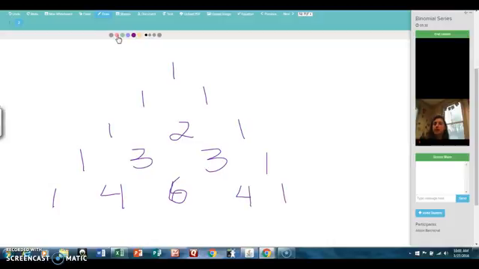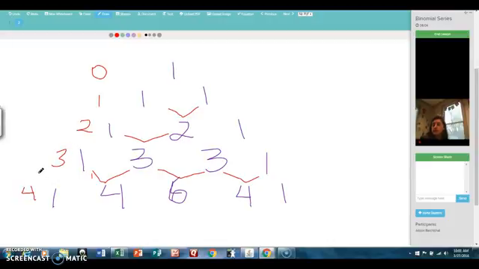So let me show you the method here. You'll notice that the outside numbers are always a 1, and the number underneath is generated by adding the ones above it. So this 4 is made with the 1 and the 3, the 6 is made from the 3 and the 3. So the rows of the triangle go like this, 0, 1, 2, 3, 4.